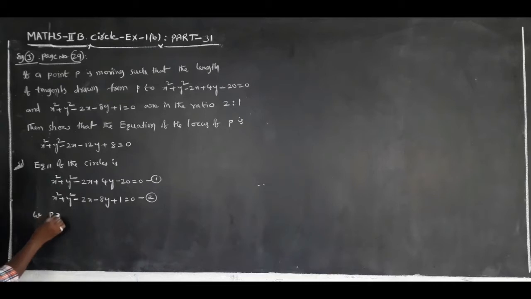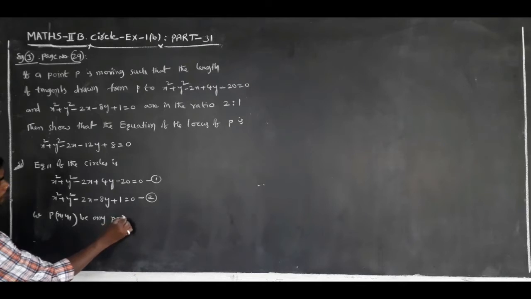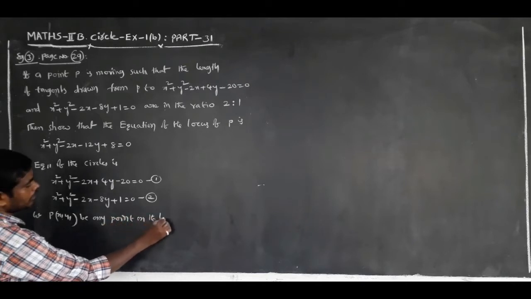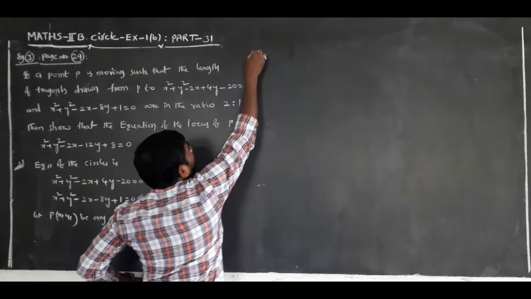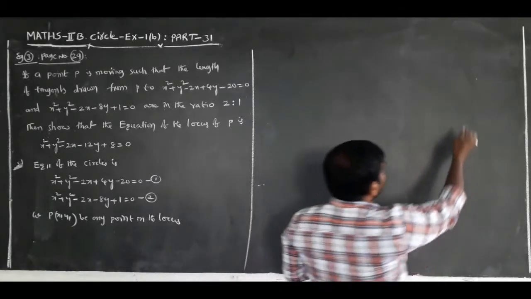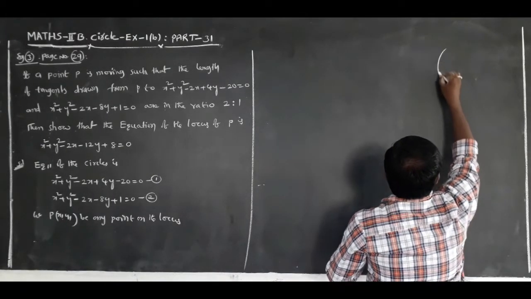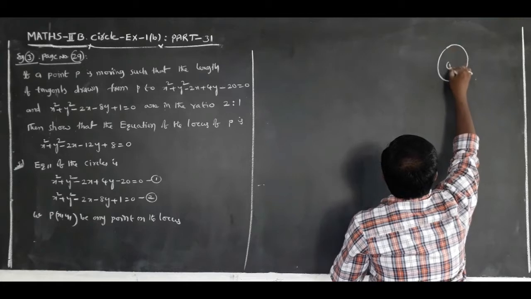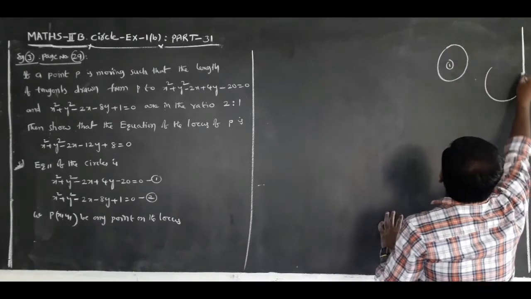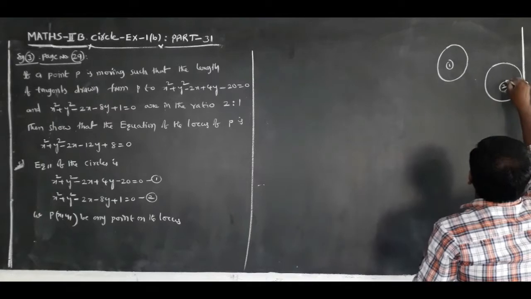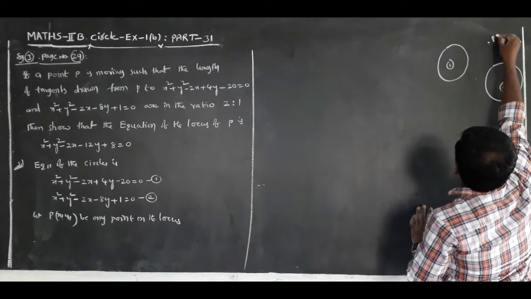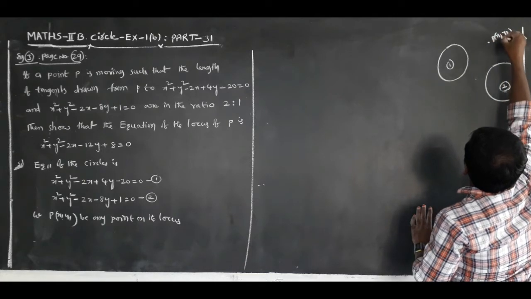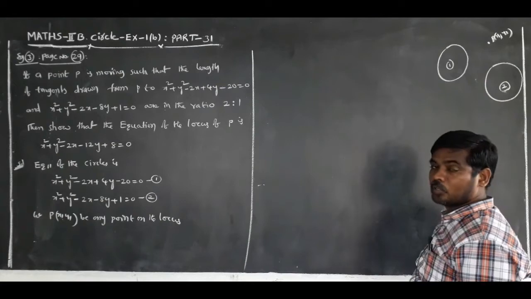Here let P(x1, y1) be any point on the locus. This is the equation of the first circle. This is the equation of the second circle.